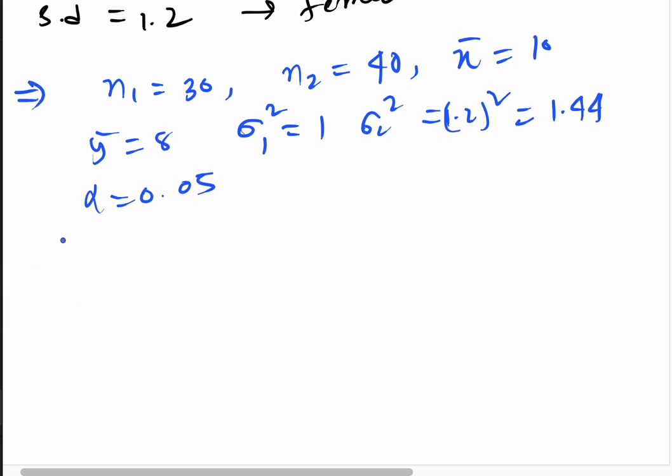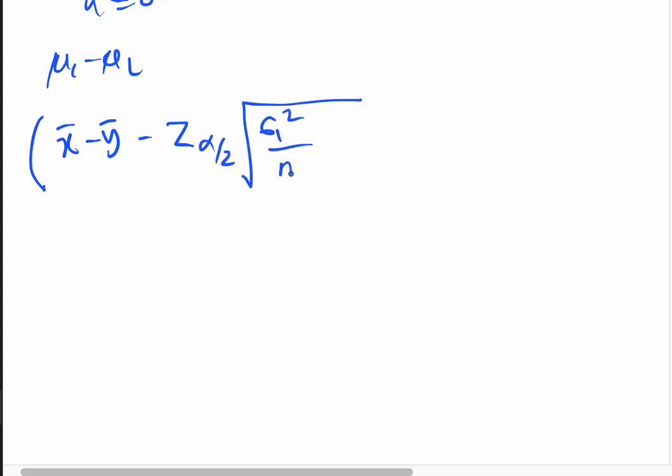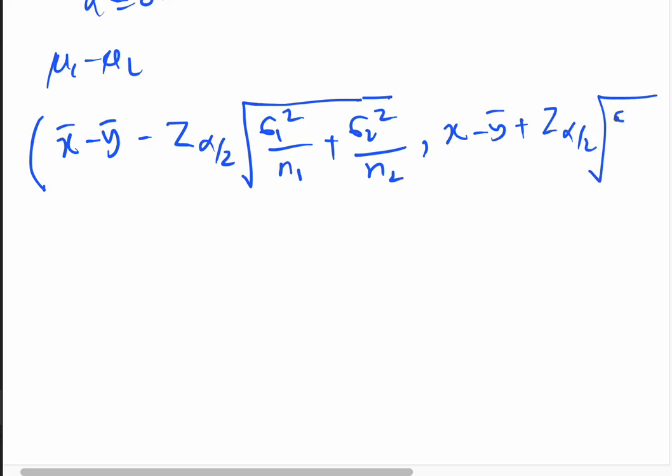So the 95% confidence interval for mu1 minus mu2 will be x bar minus y bar minus z alpha by 2 root over sigma 1 square by n1 plus sigma 2 square by n2, to x bar minus y bar plus z alpha by 2 root over sigma 1 square by n1 plus sigma 2 square by n2.